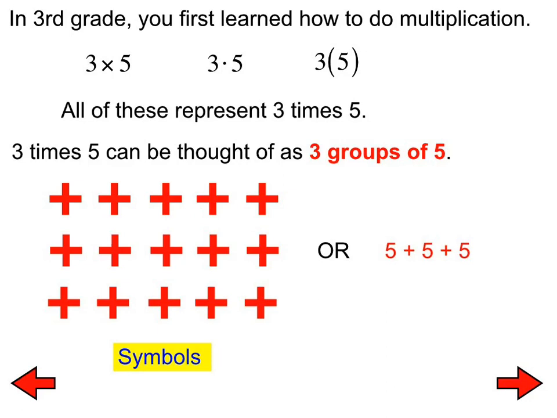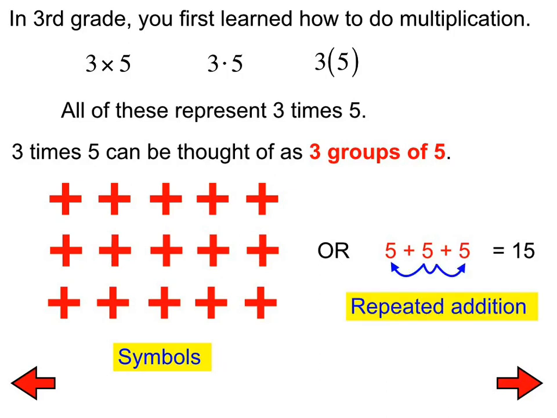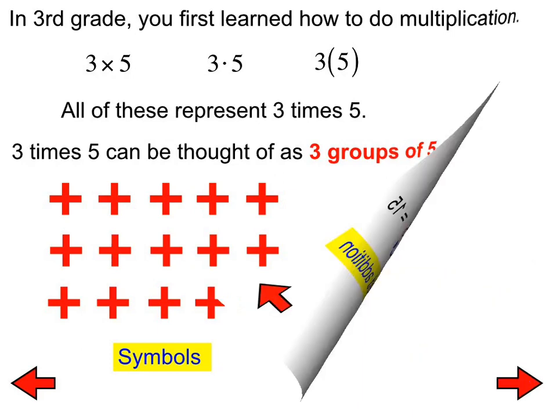Another way is by doing repeated addition, writing 5 down 3 times and then adding them together. So that's what we sometimes call repeated addition. And you may not remember learning both of these ways, but I guarantee you in the 3rd grade you did. Okay? Well, the commutative property of multiplication tells us that 3 times 5 is the same thing as 5 times 3.